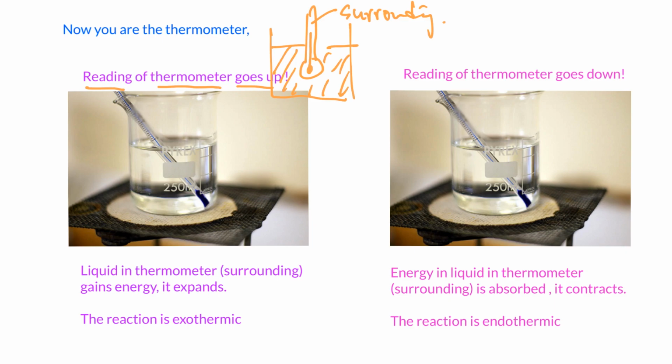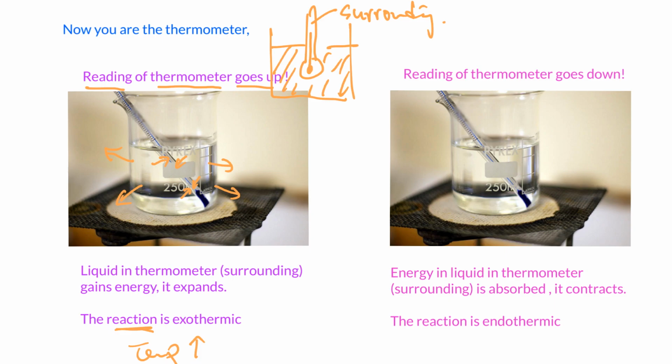So that means the system itself, the reaction, is exothermic. It gives out energy, and some of the energy will go into the liquid inside the thermometer. So this one is an exothermic reaction. We find that in an exothermic reaction, if I have a thermometer, the temperature will go up.